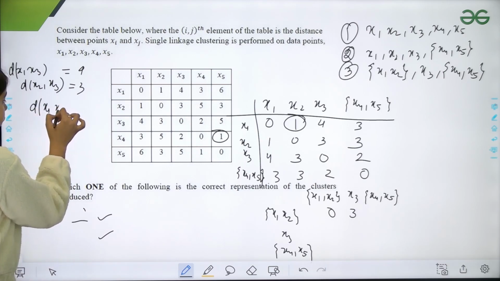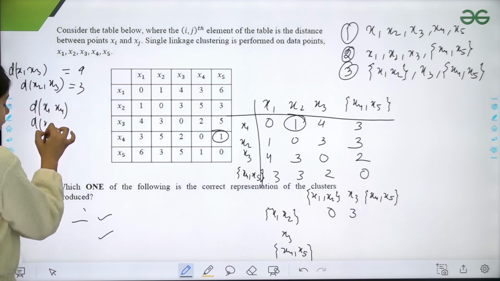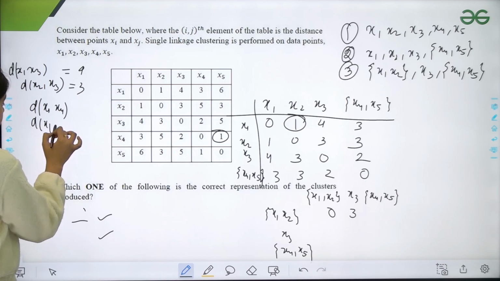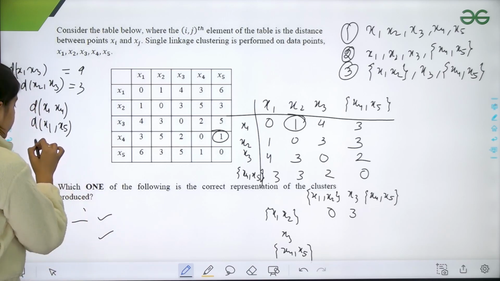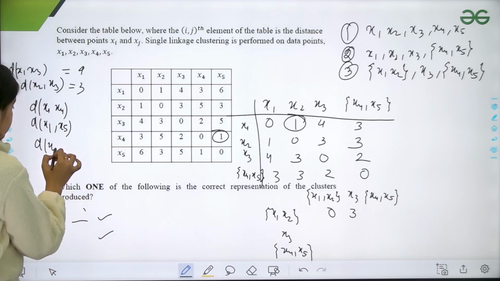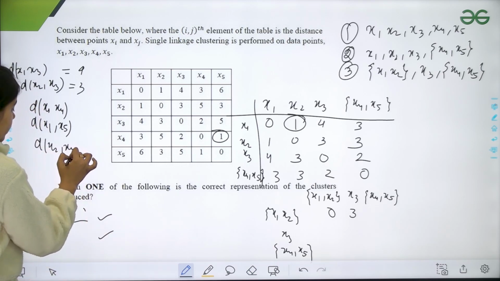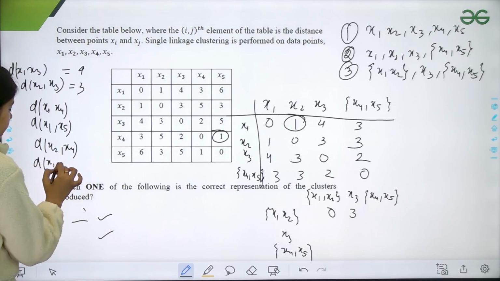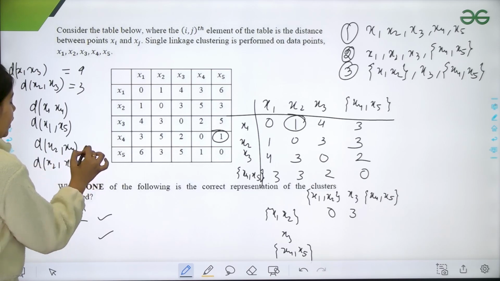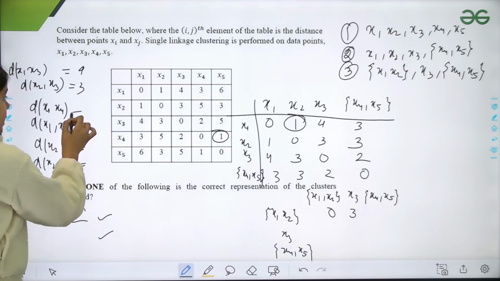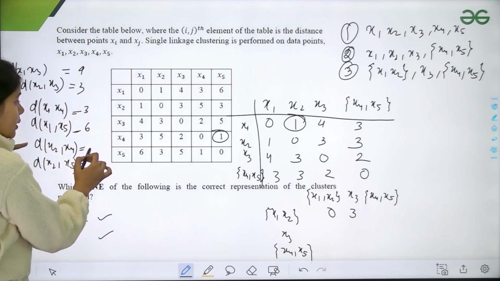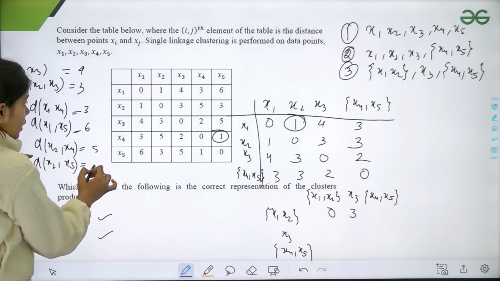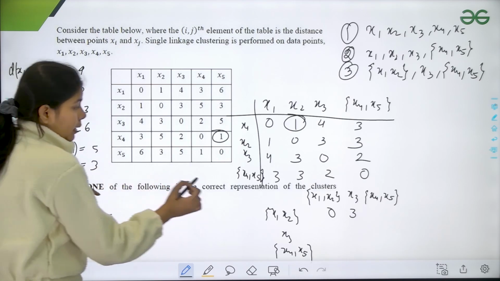So I have to find out x1 x4, x1 x5, x2 x4 and x2 x5. That means I have to take the minimum of these values. x1 with x4 is 3, x1 with x5 is 6, x2 with x4 is 5 and x2 with x5 is 3. So we'll get a distance 3.